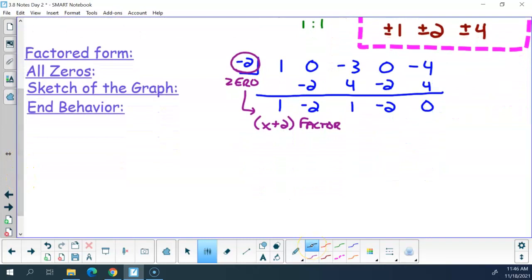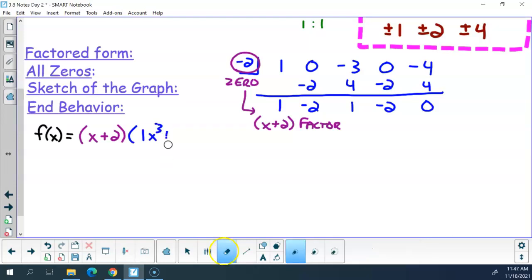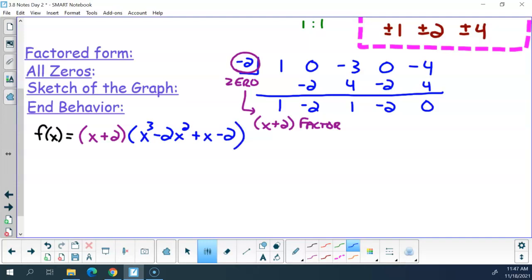So now, f of x can be written as x plus 2 times x cubed minus 2x squared plus x minus 2.